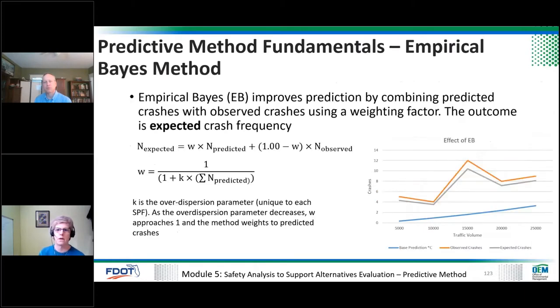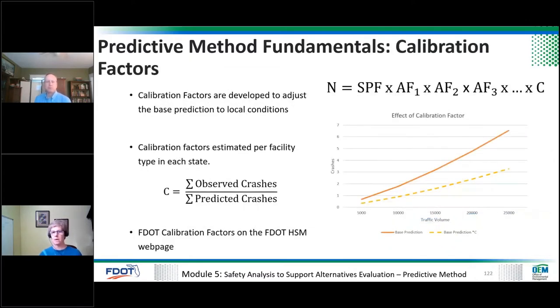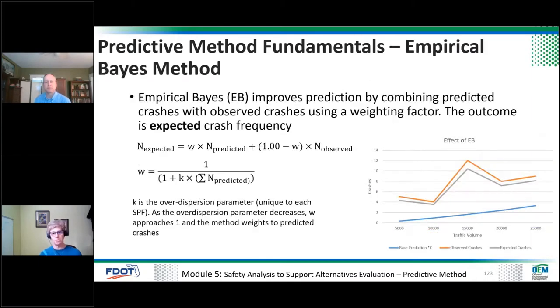So that's an important step, right, to modify your local physical conditions to the overall local characteristics, if you will. Now, this next step is kind of an optional one. When you can use the empirical Bayes method to, as we said yesterday, do a weighting between your predicted crashes, those from this model that we just talked about, and observed crashes, to get this weighting of what you would actually expect for facilities like this.